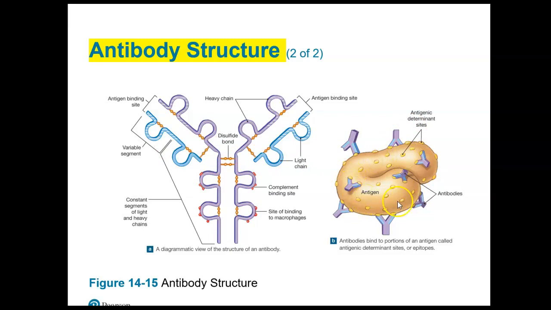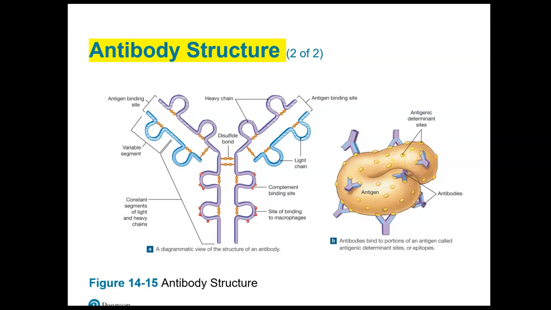Okay, so if this brown glob is your antigen, it's got these little pieces of it, portions of the antigen, these little yellow pieces that are called antigenic determinants. And those are the portions that the antibodies will bind to. The antigen binding site will bind to the antigenic determinant, which is the piece of the antigen that the antibody binds to.